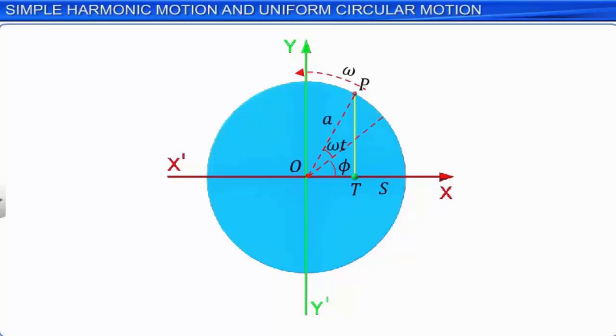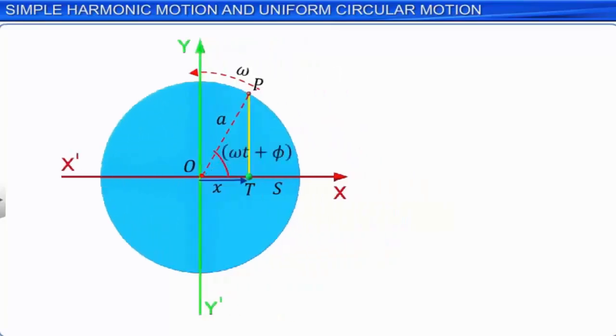The displacement of the projection executing simple harmonic motion along the x-axis can be written as x = A cos(ωt + φ), where A denotes the amplitude of simple harmonic motion, which is the radius of the reference circle.